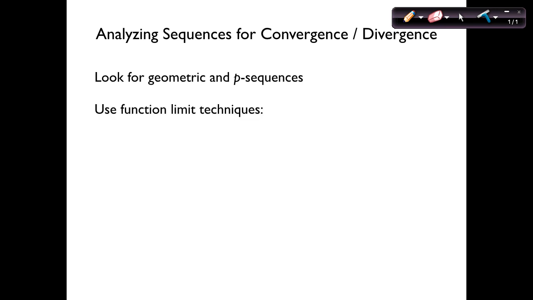Next, limit function techniques. On Friday, I talked about rational functions: if you have one polynomial divided by another, you compare the degrees of the numerator and the denominator, and there are different cases. We did that Friday, and then we just did L'Hopital's rule. So those are function limit techniques.